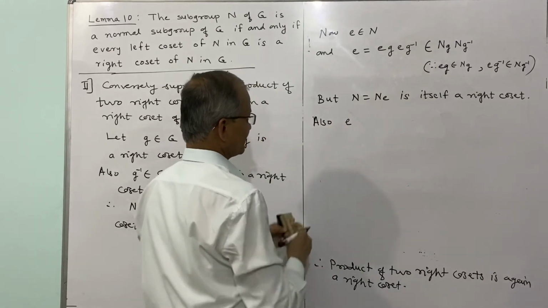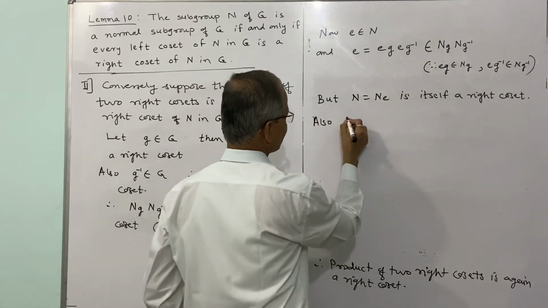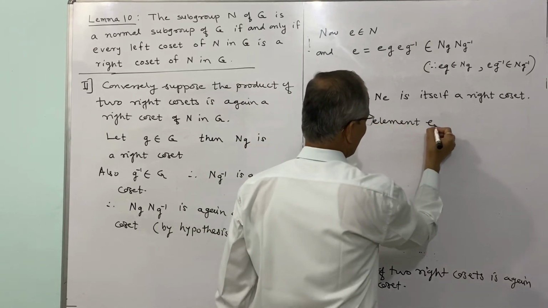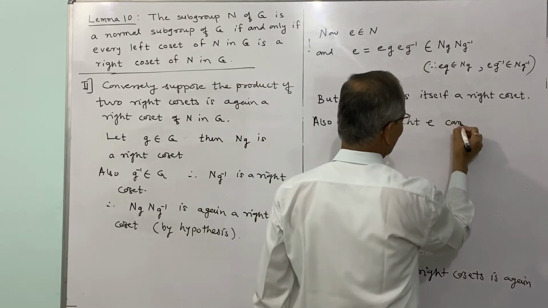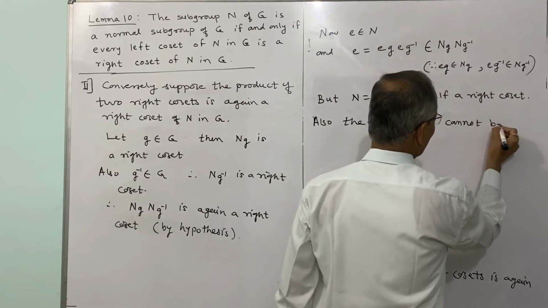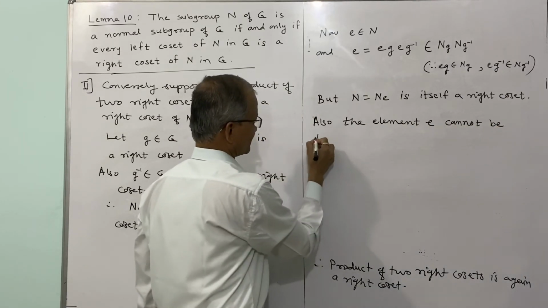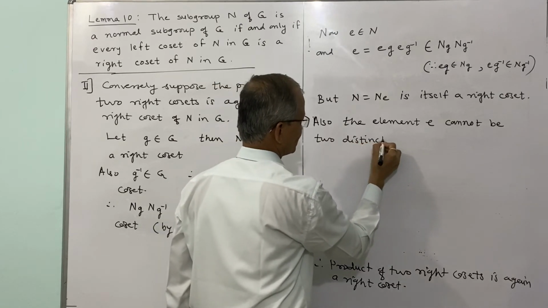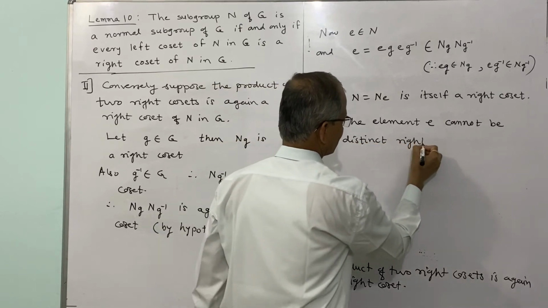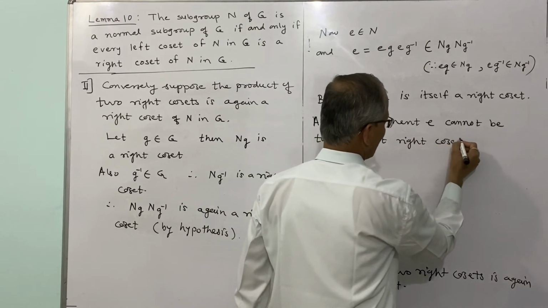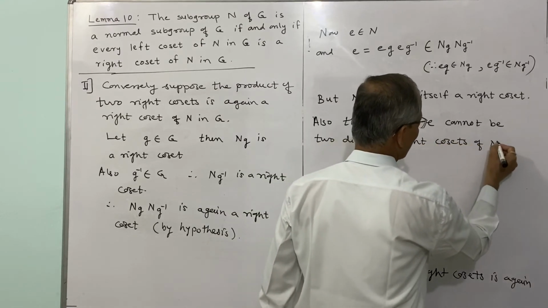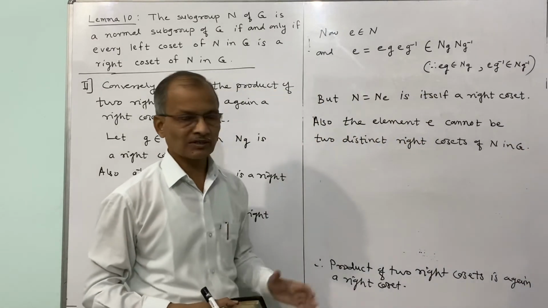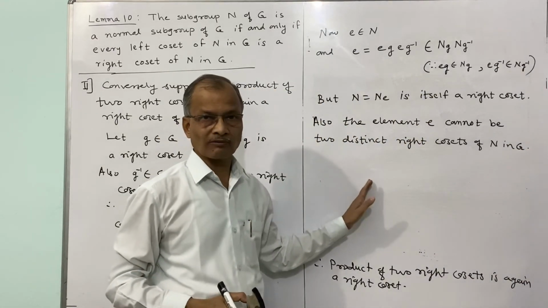The element E cannot be in two distinct right cosets of N in G. This is a property of right cosets: right cosets are distinct or equal.